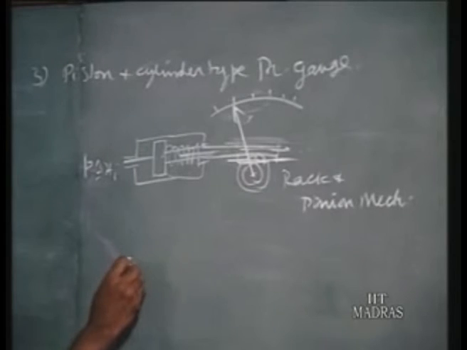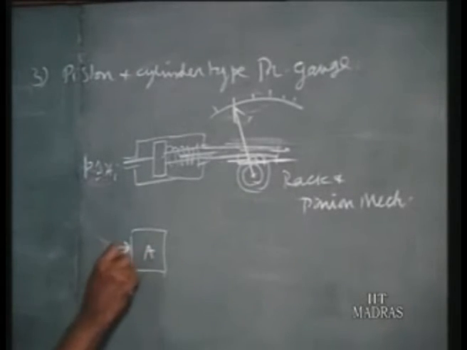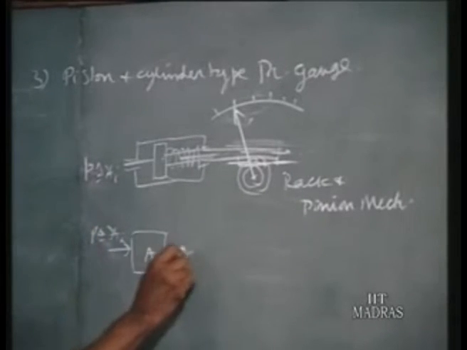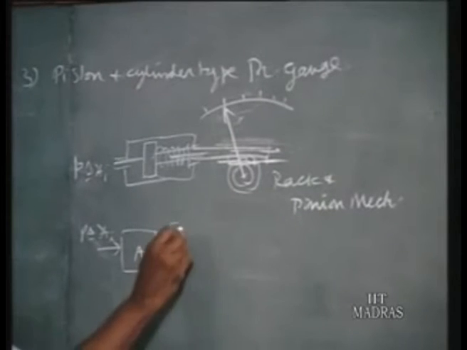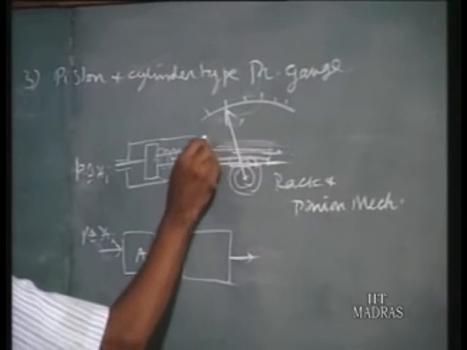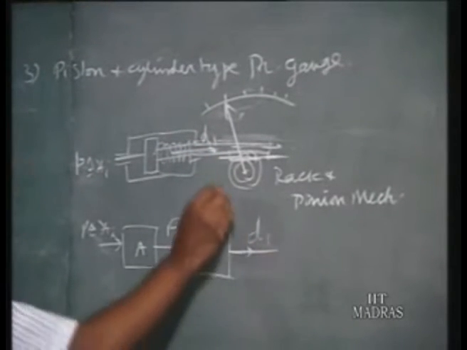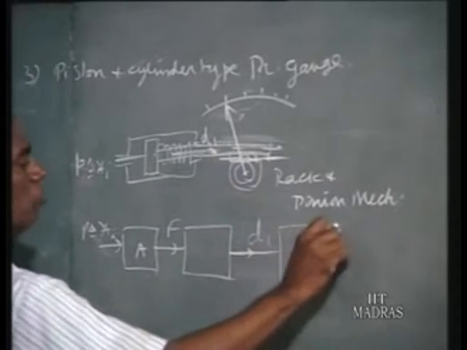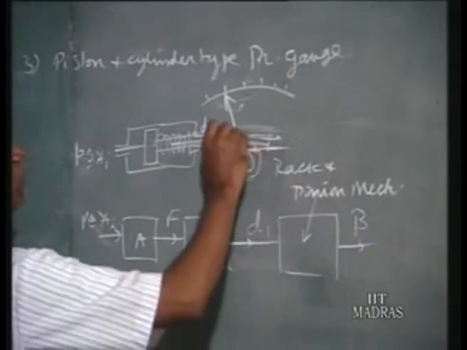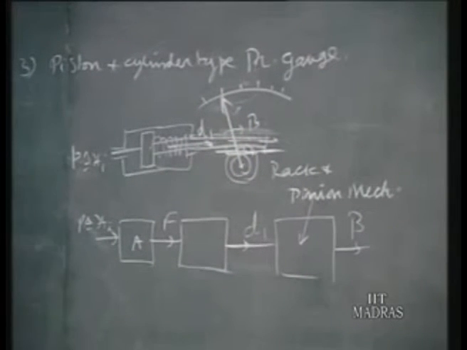The first one is our piston area A. Xi, that is our pressure, and from here we get force F, and from force we get displacement D1. D1 is converted, by using this rack and pinion mechanism, into beta, that is the rotation beta. Yeah, this is the instrumentation.